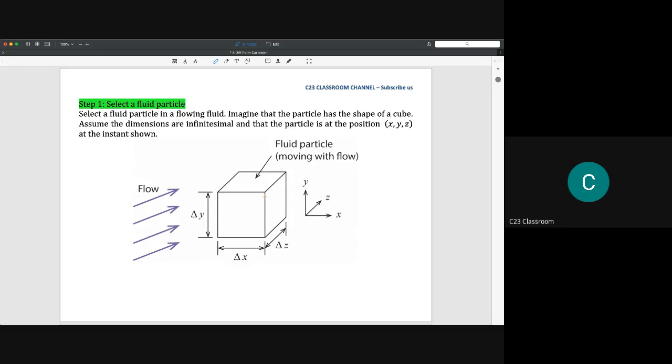To simplify our calculation, we imagine that the lengths of the cube are delta x, delta y, and delta z, because we are going to analyze this in three dimensions. Then you assume that the flow is coming from left to right, something like here.